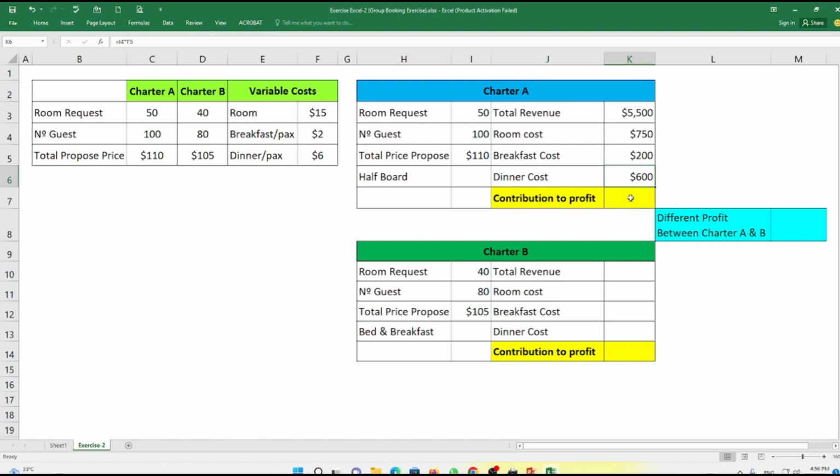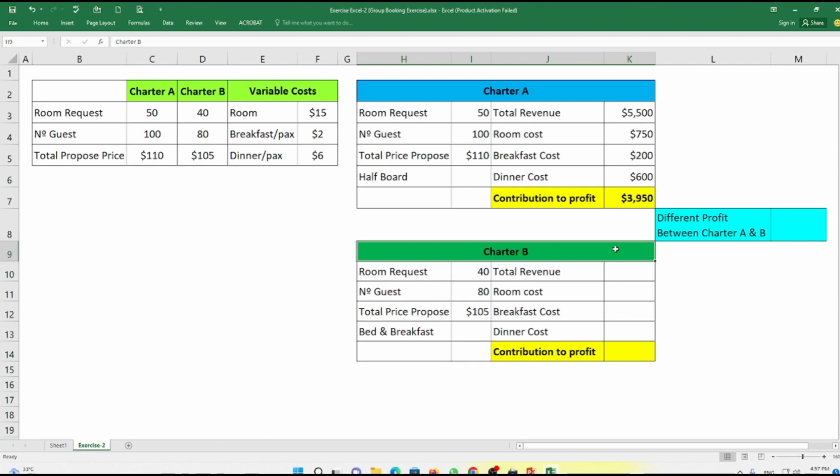So let's see the profit contribution. In order to calculate profit contribution, we take the total revenue minus room cost minus breakfast cost minus dinner cost. So for charter A, the profit is 3,950.